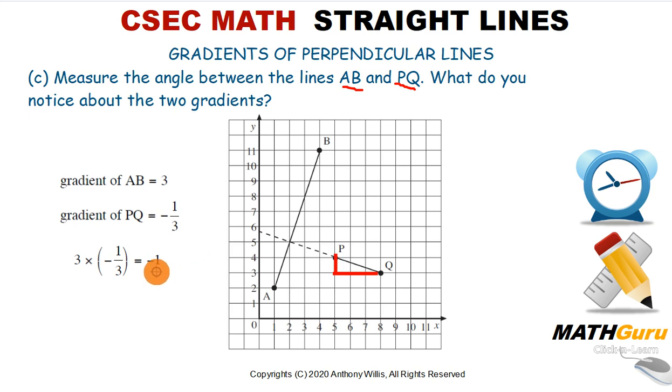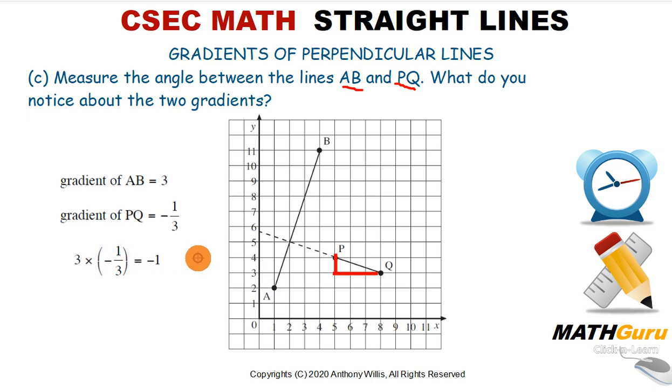So when you multiply the gradient of AB by the gradient of PQ, you get negative 1. The product of the gradients of two perpendicular lines will always be negative 1, unless one of the lines is horizontal and the other is vertical. So bear that in mind.